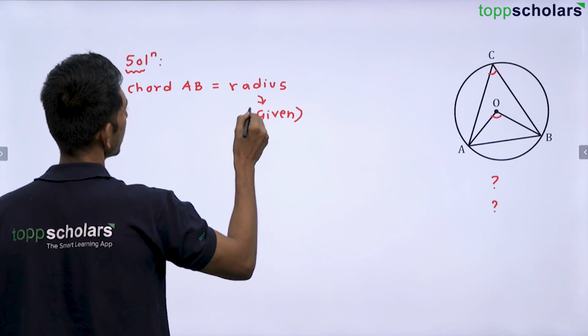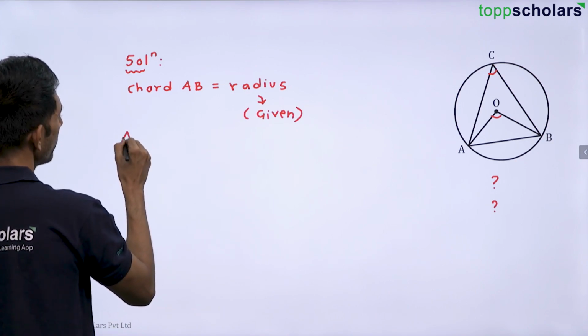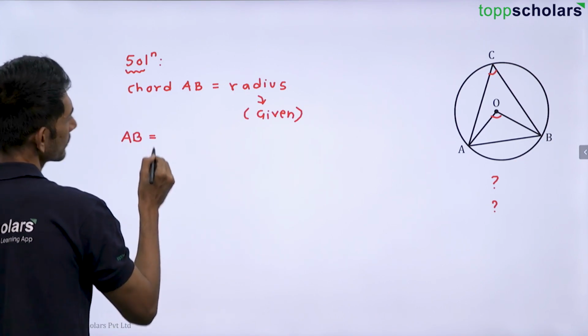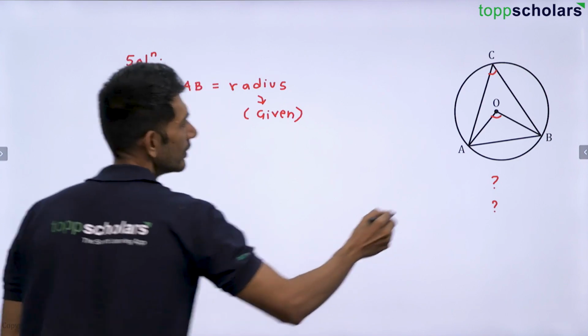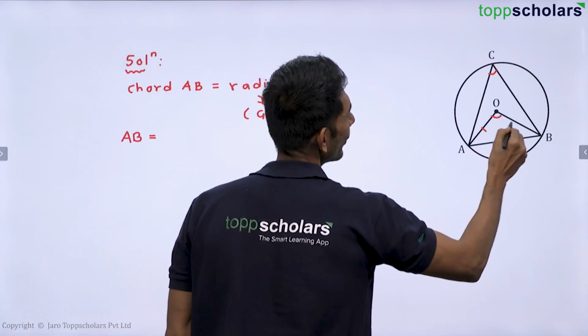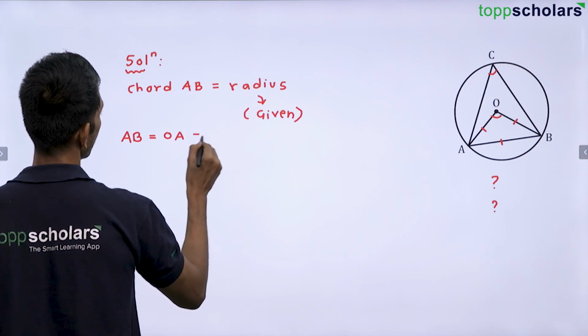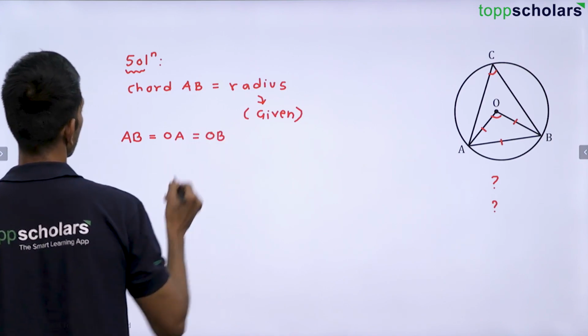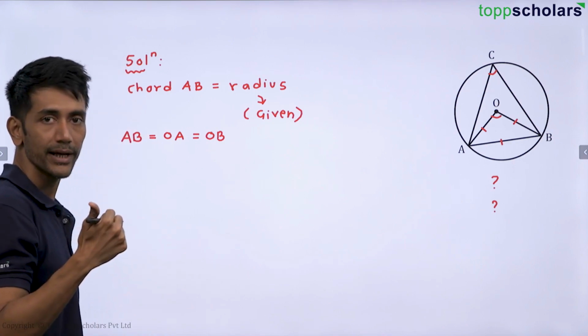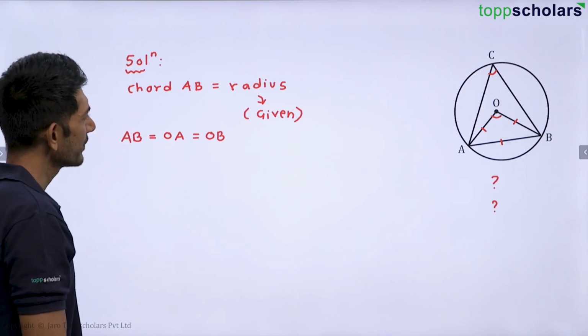That was the very first line. So can I say this chord AB is equal to OA and OB? Correct? Chord AB is equal to OA and OB. This is given.